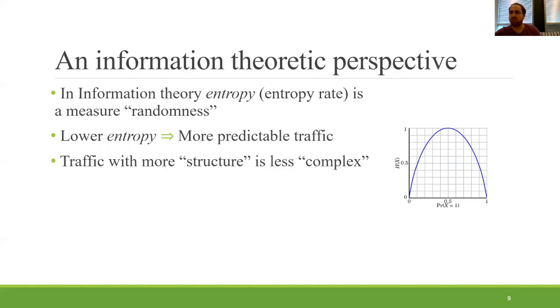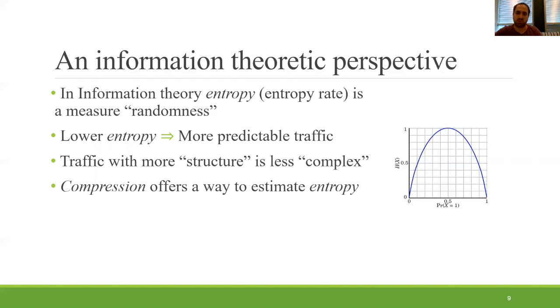And the more predictable it is, it would also have more structure. And traffic with more structure is what we call less complex structure. Another tool that we are using is compression, which offers a way to estimate the entropy of some information source.